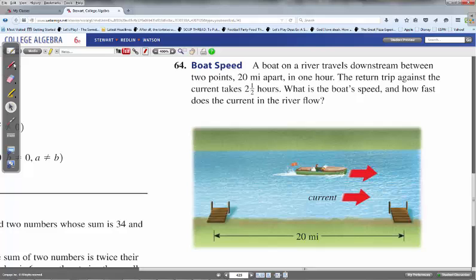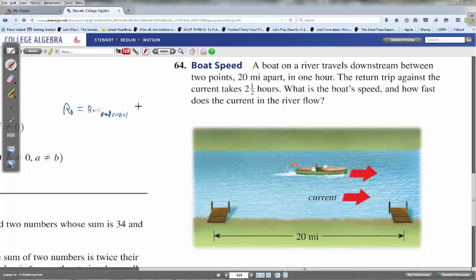Well, the idea then is your rate downstream is going to be your rate of the boat, or the rate in still current. That's probably a better way of saying it.